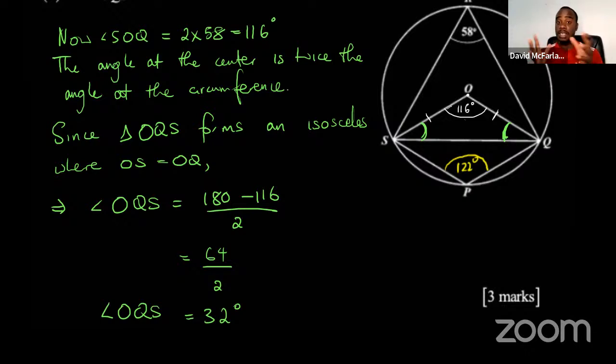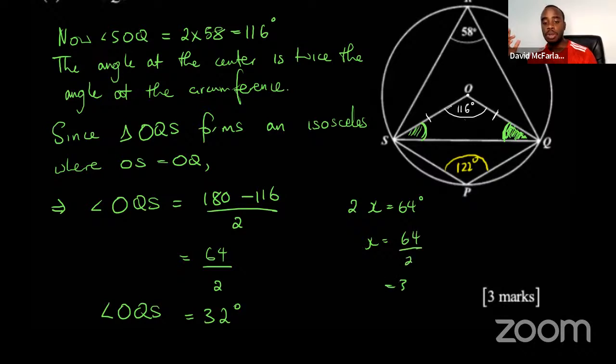Since both of the angles are equal, you could say that 2 times the angle we're trying to find, what each of these angles is, is equal to 64. So one of the angles must be 64 divided by 2, which is 32 degrees. And we wanted OQS, which would be one of those angles. Does that make sense?